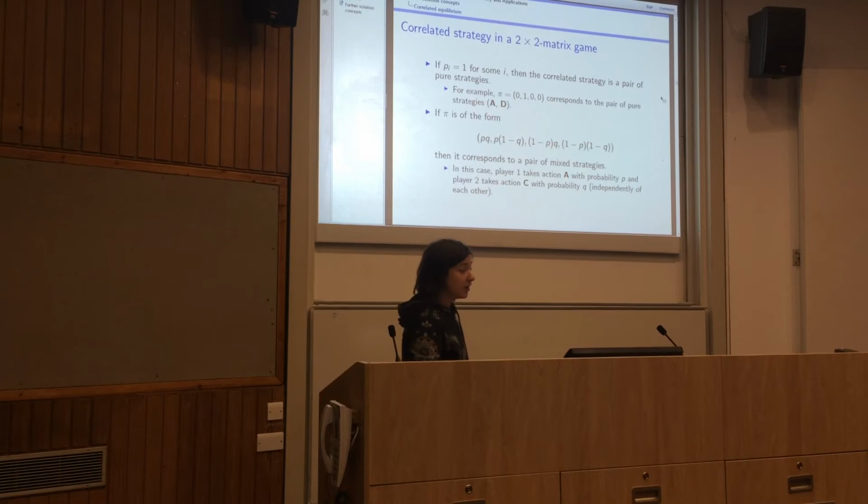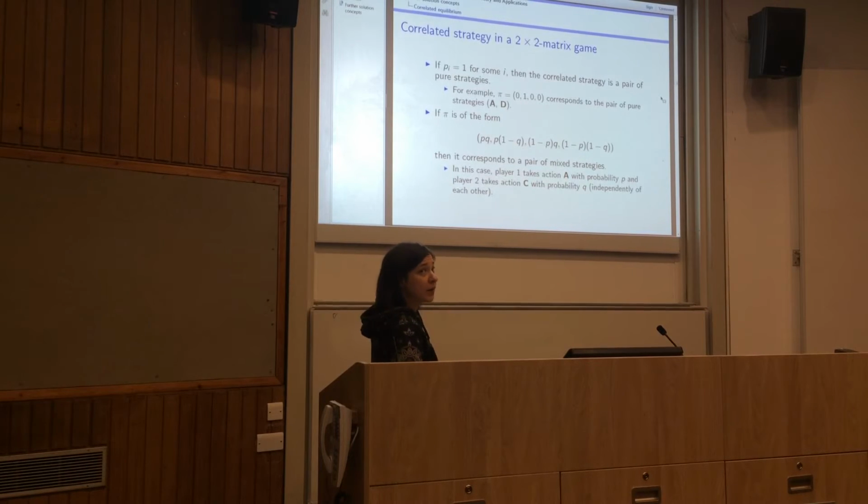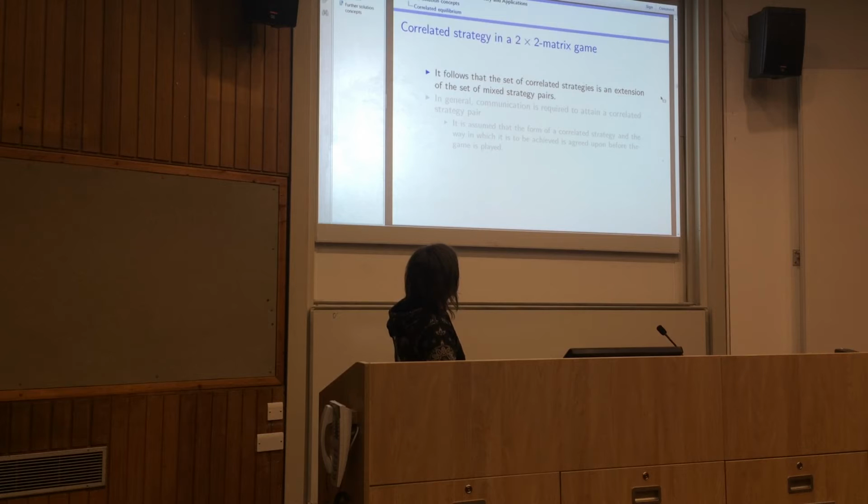Okay. And if this correlated strategy is given in the form of products of marginal probabilities for the 2 players, then it actually corresponds to a pair of mixed strategies. So that one of the players plays one of the strategies with probability P, and another one plays one of these strategies with probability Q. So the set of correlated strategies is an extension of the set of mixed strategies, and in general, we need communication to attain a correlated strategy.